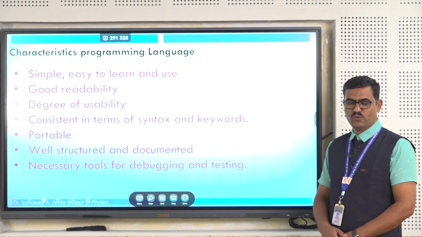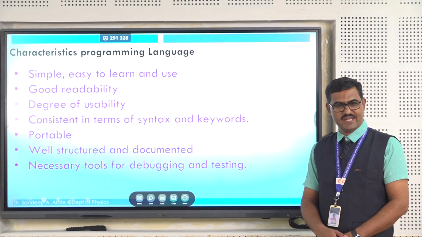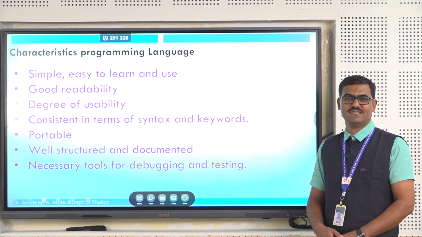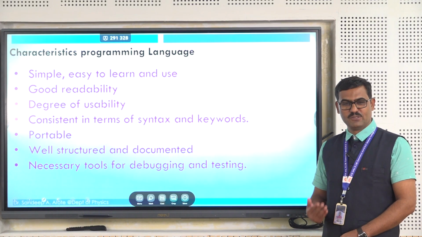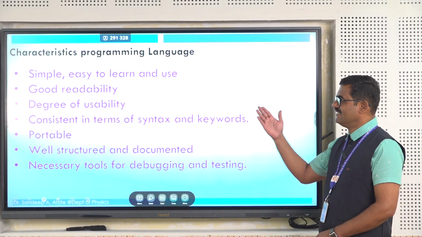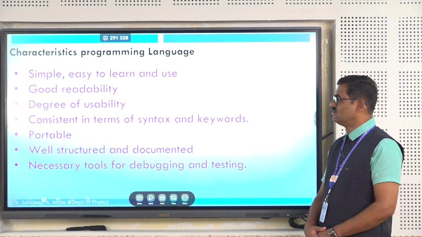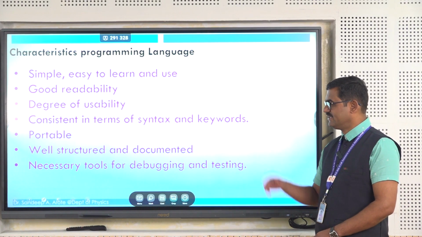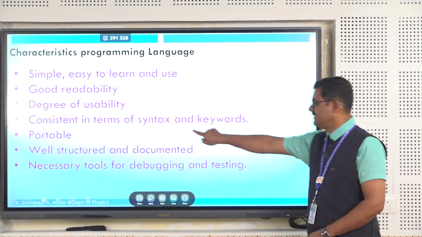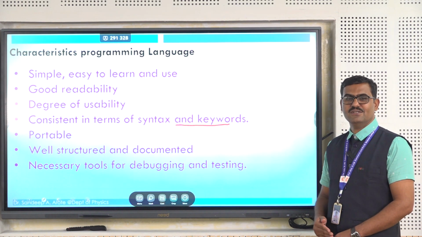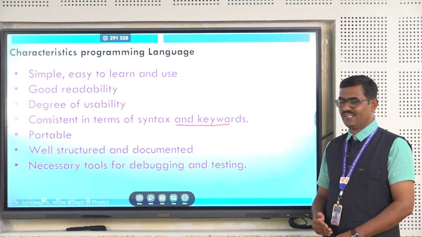If you want to use any programming language for a specific task, that language will be suitable if it meets certain characteristics: it should be simple, easy to learn and use, have good readability, degree of usability, and be consistent in terms of syntax and keywords, meaning its syntax and keywords should not change throughout the problem defining process.